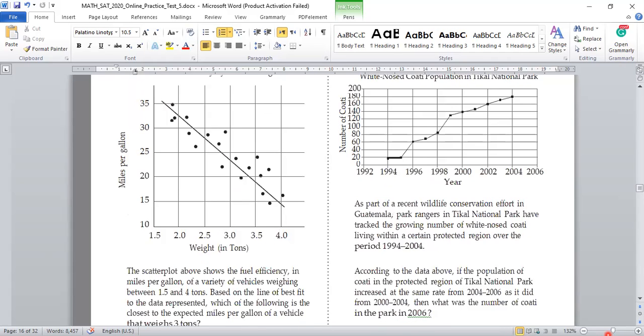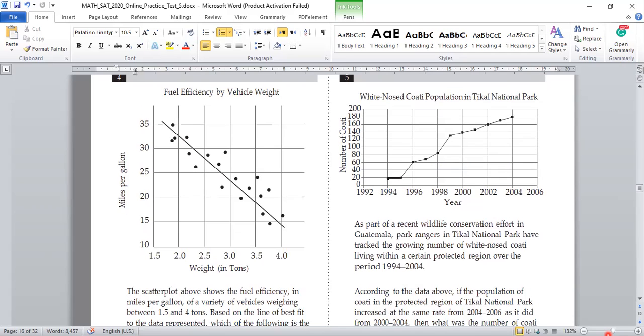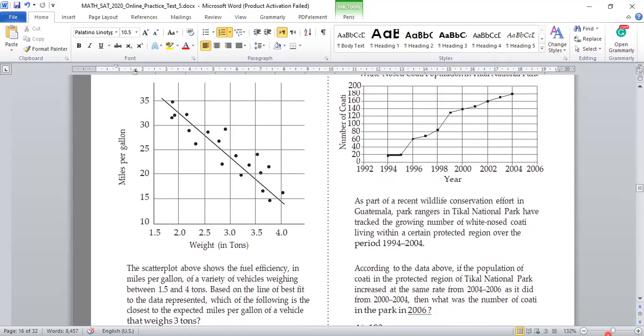So on the right side, if you can see, white-nosed coyote population in Tikal National Park. As a part of a recent wildlife conservation effort in Guatemala, park rangers in Tikal National Park have tracked the growing number of white-nosed coyotes living within a certain protected region over the period of 1994 to 2004.